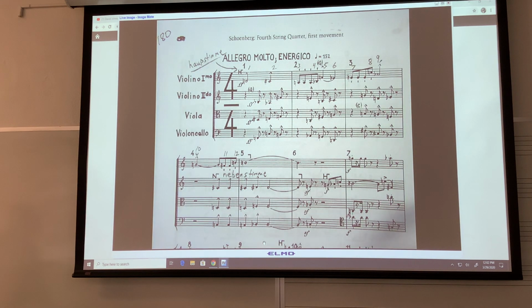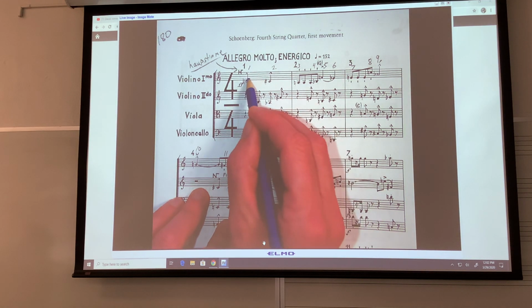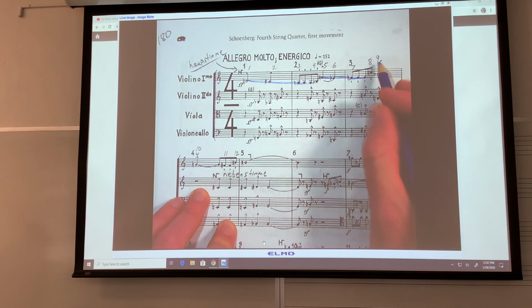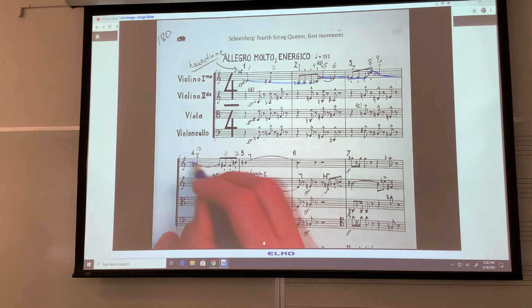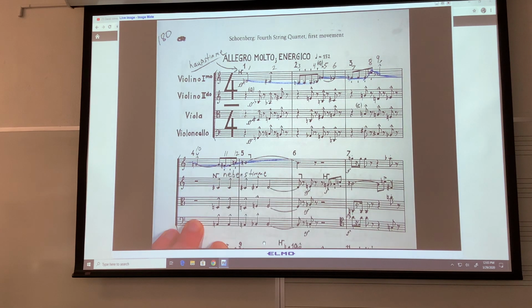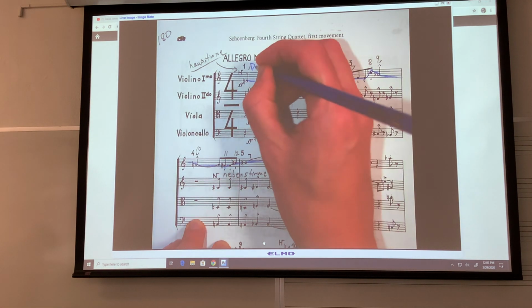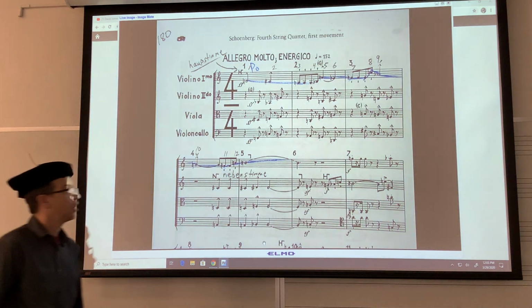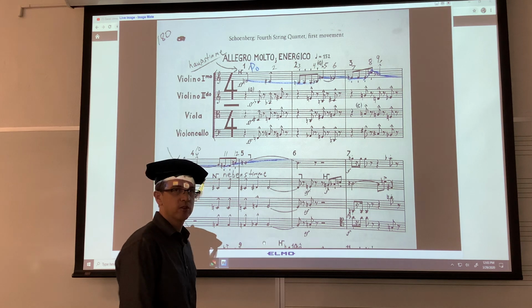Let's use blue. All right, so anytime we see a P0, we can use the color blue for that.